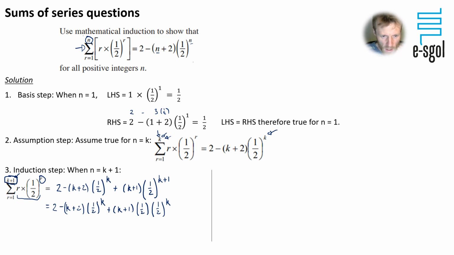Looks here that I've got a half to the power of k that I could factorise out of these two bits. So that's what I'm going to do to start with.